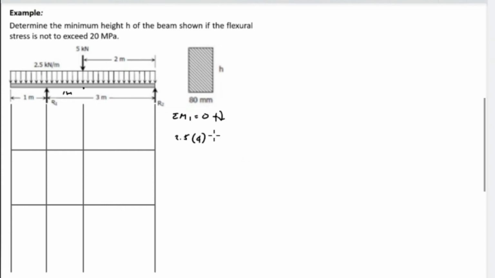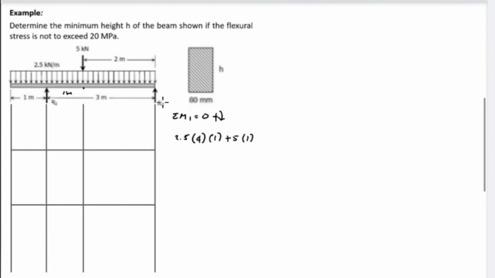And the direction is clockwise, and it is positive. Next, we have a concentrated load of 5 kilonewton, and the distance from this point up to point 1 is also 1 meter. And the direction is clockwise, which is also positive.